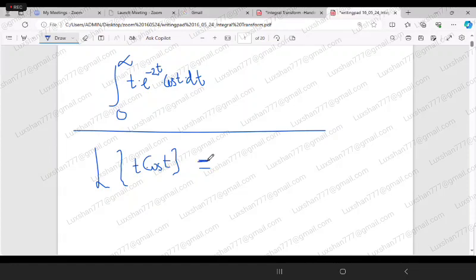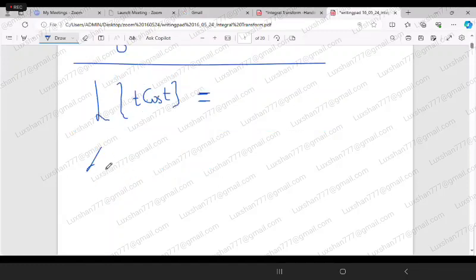What is the Laplace transform of t into cos t? Can anyone tell me? So first of all, tell me what is the Laplace transform of cos t?